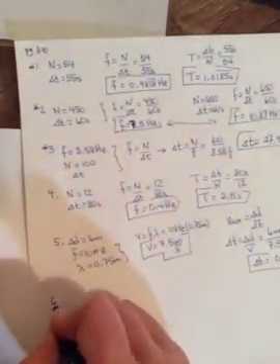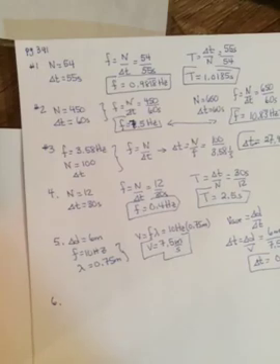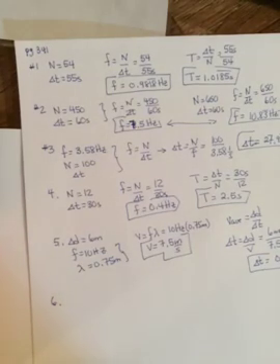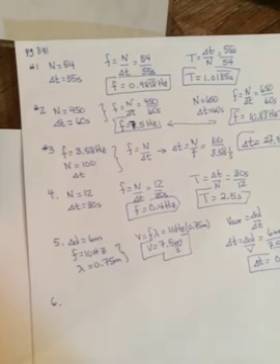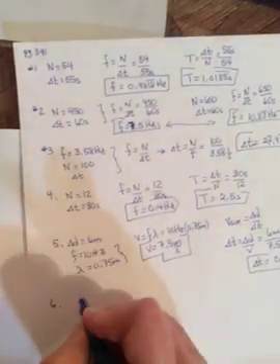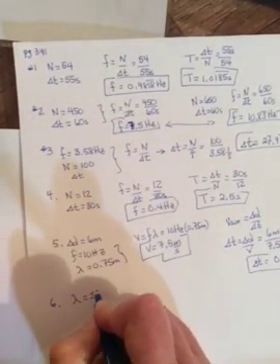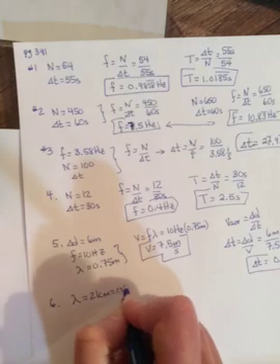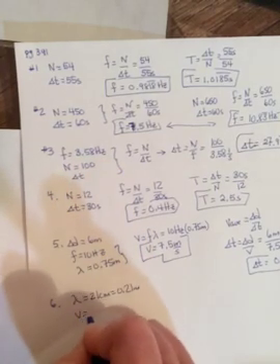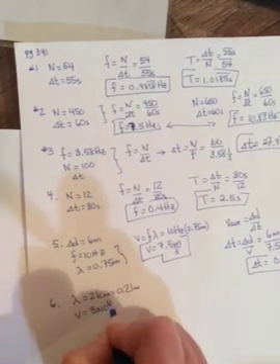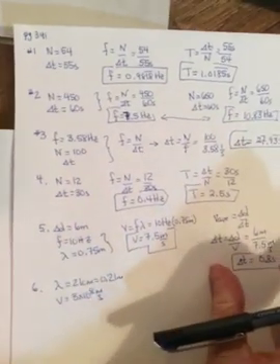All right, number 6 says interstellar hydrogen gas emits radio waves with a wavelength of 21 centimeters. Given that the radio waves travel at 3 times 10 to the 8th meters per second, what is the frequency? So the wavelength is 21 centimeters, or 0.21 meters, and the speed is 3 times 10 to the 8th meters per second, and it wants frequency.